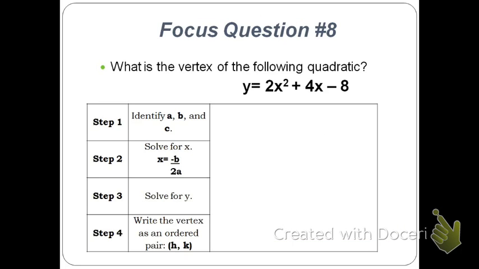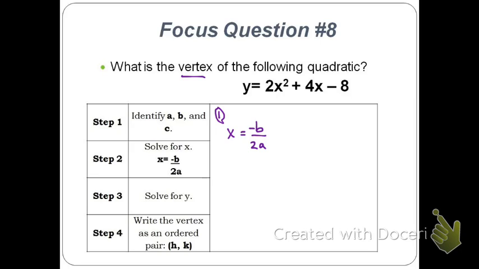So we'll check this out, see how it works. Now for number 8, we have our equation, y equals 2x squared plus 4x minus 8. Again, remember we want to refer back to the negative b over 2a. So if we're trying to find the vertex, first we need to, and I'll just draw this one, identify x equals negative b over 2a.